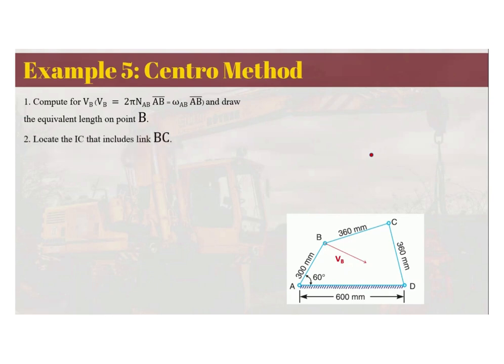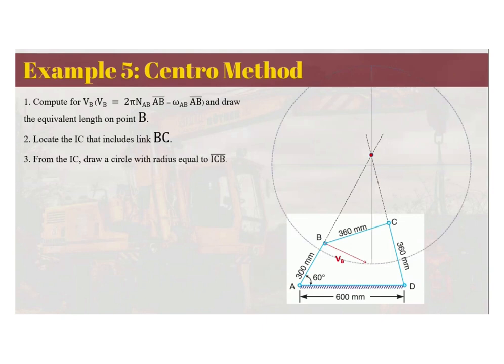So locate the IC that includes the link BC. Since we are looking for the velocity of C, the IC is this common center here. From the IC, draw a circle with radius equal to ICB.